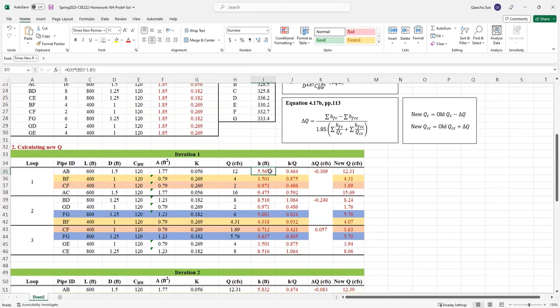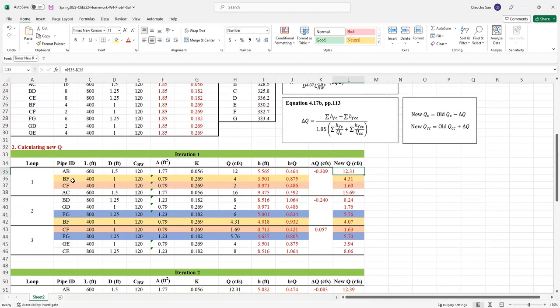It equals K times Q to the power of 1.85, and then divided by Q. After we get all these values, we can bring them back to equation 4.17b to calculate the delta Q. Based on their direction, we use the initial flow rate minus or plus the delta Q to get a new value of the flow rate.